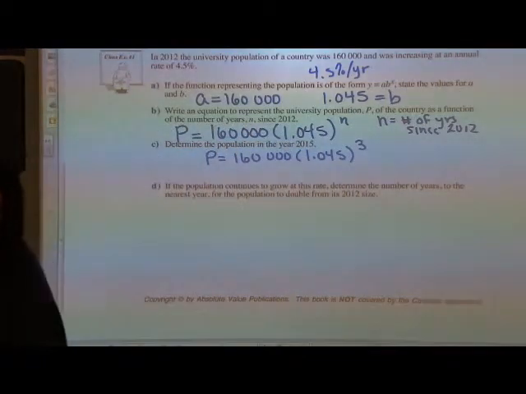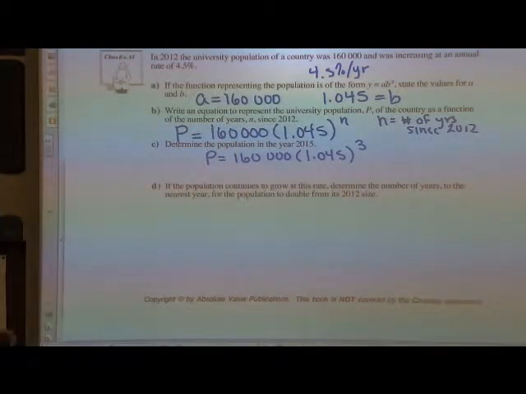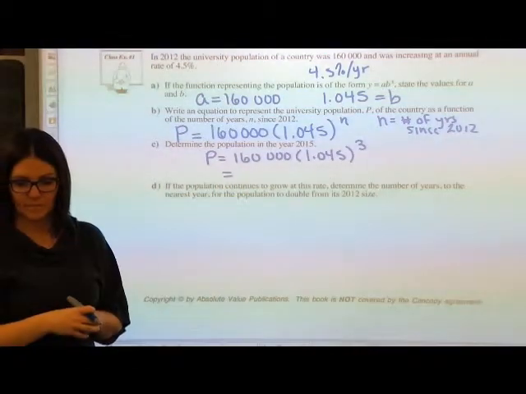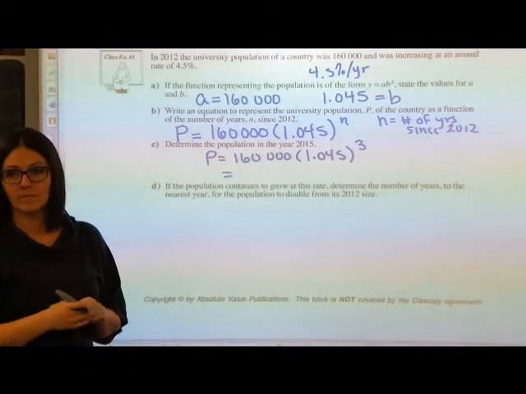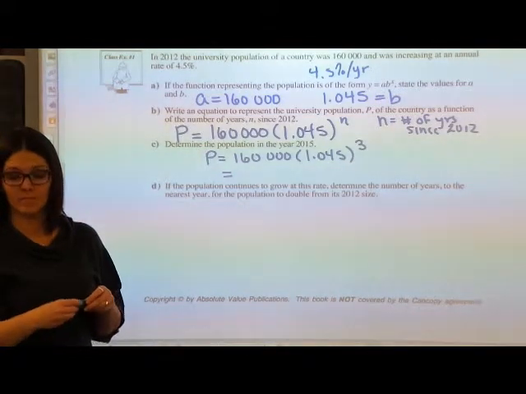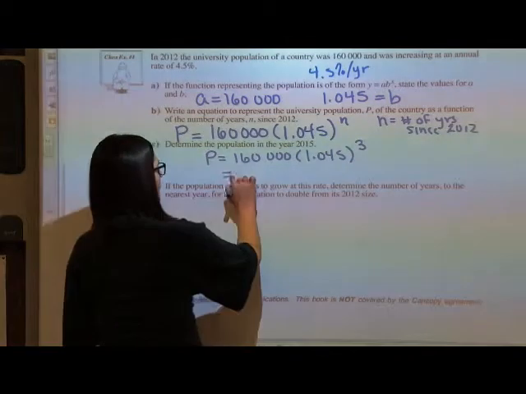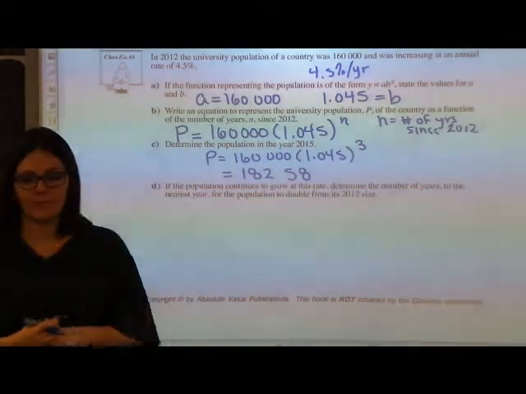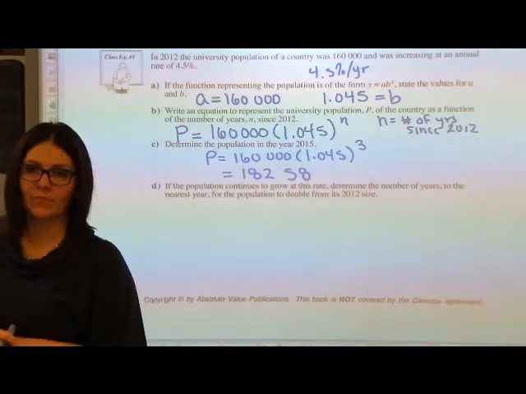How many students do I get? 182,586. 86 or 87? What am I closer to? 87. 87.